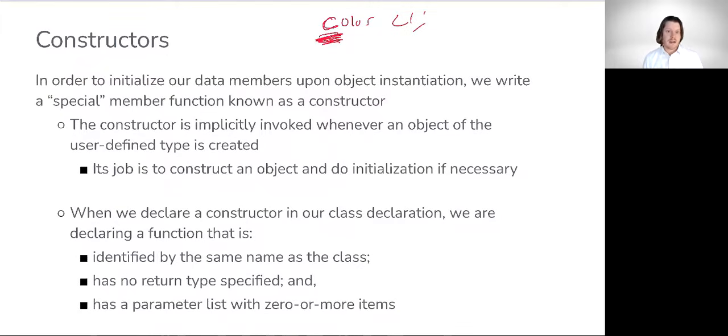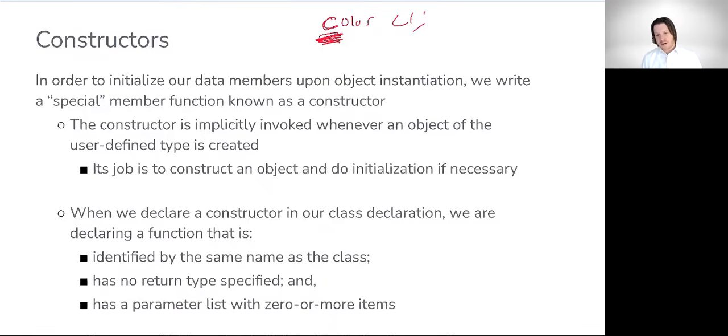It can do anything that a color object can do. So we're going to write a special member function known as a constructor. The constructor is going to be implicitly invoked whenever an object of that user-defined type is created. Again, its job is to construct an object and to do initialization if necessary.